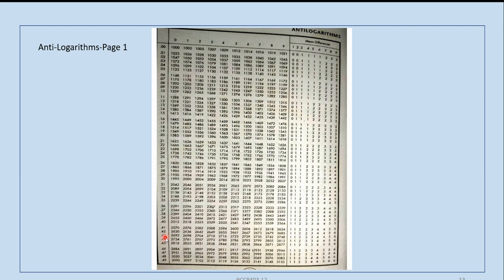In anti-logarithms also we have to see the same. 0.43 in 5. This is 5, 2723, and mean difference 7 gives 2723 and 4, 2727.